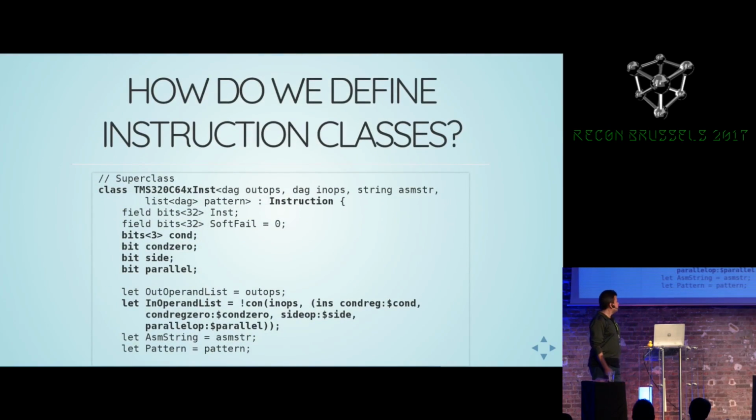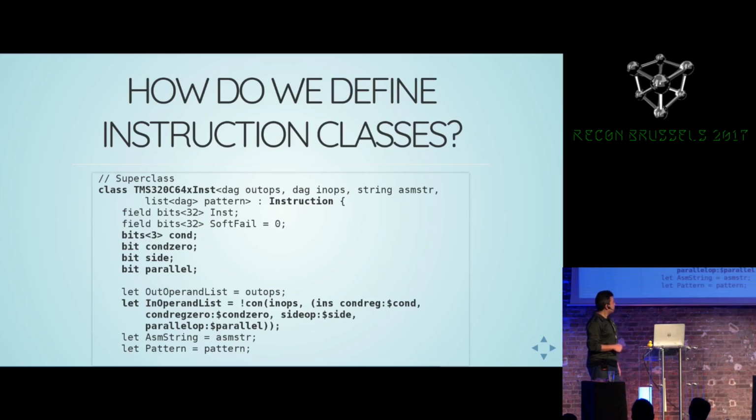Now let's see how we define instruction classes. We make subclasses from the instruction class, and we first make the superclass common for all instructions. We define the condition, if the register is 0 or not, and the side, if the instruction is executed in parallel with the rest of the instructions.